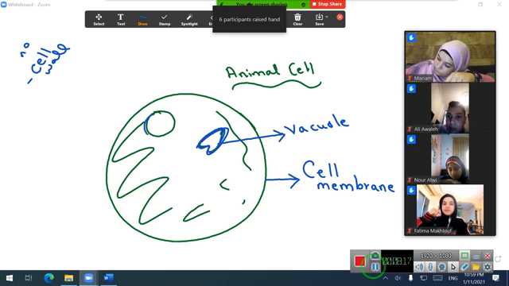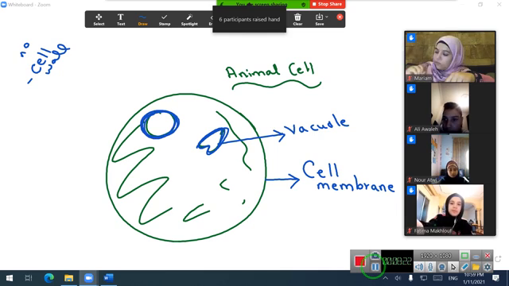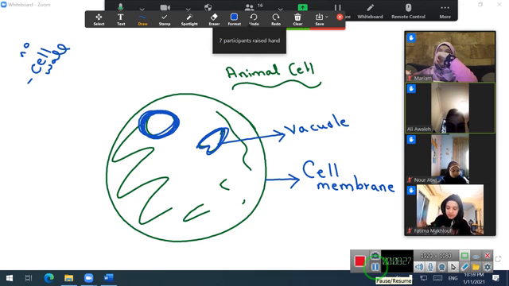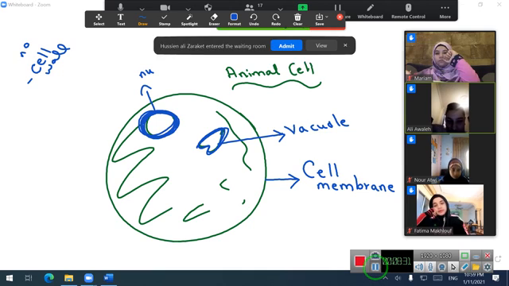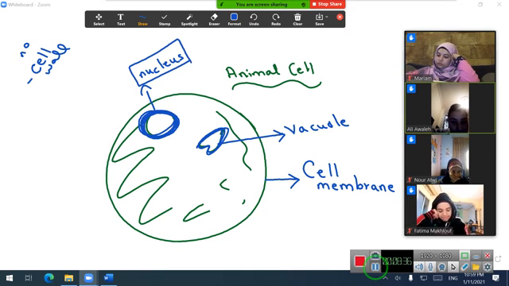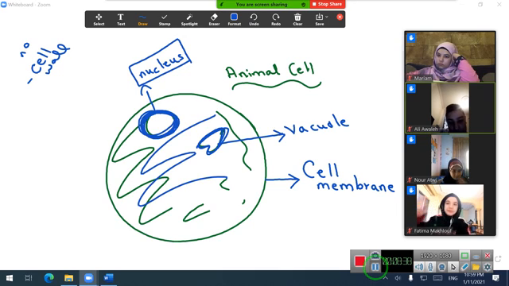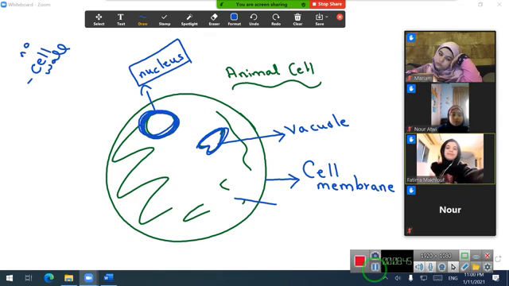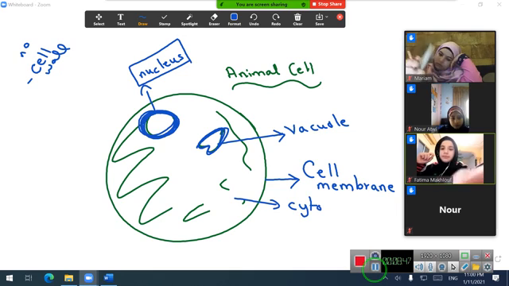Now what is this circular part inside the cell? Nucleus, of course, excellent. What do we call the space inside the cell? Thanks Fatima. This part is called the cytoplasm.